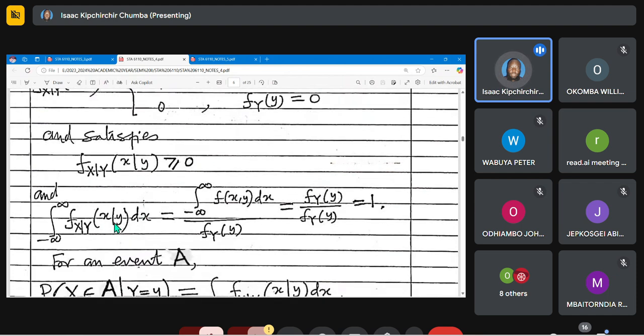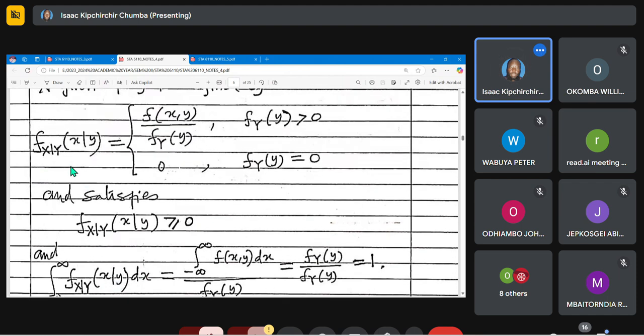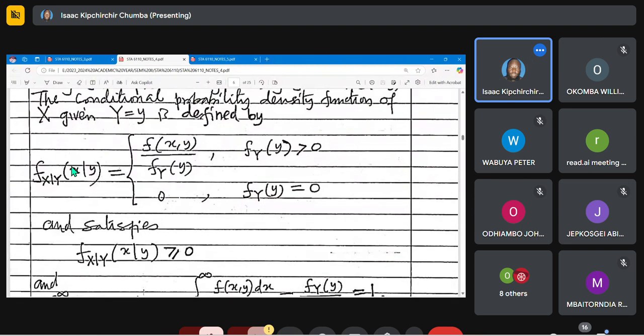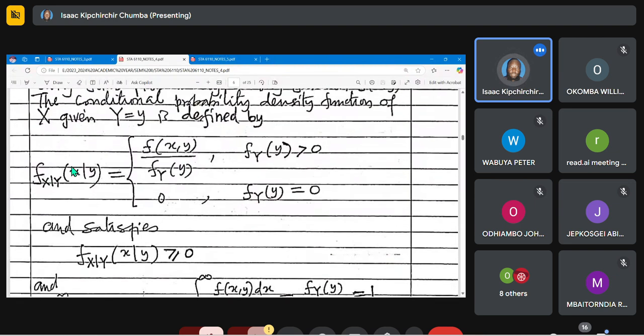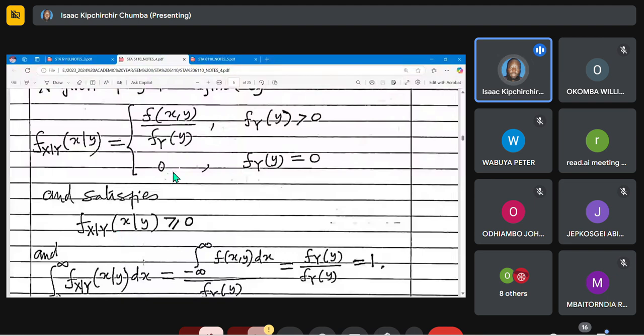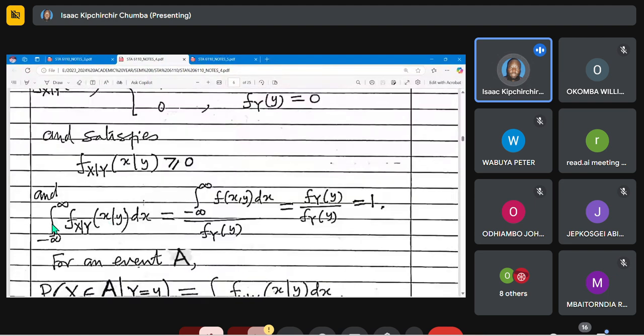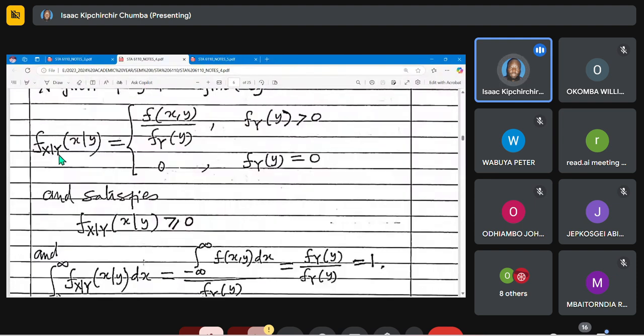So you can actually see again for this conditional probability density function, it is also non-negative. If you integrate over R, that is minus infinity to infinity, with respect to x, you can see the denominator is a function of y.